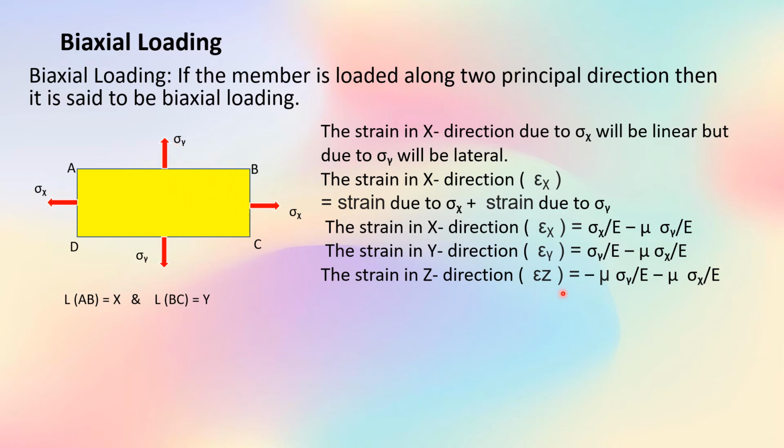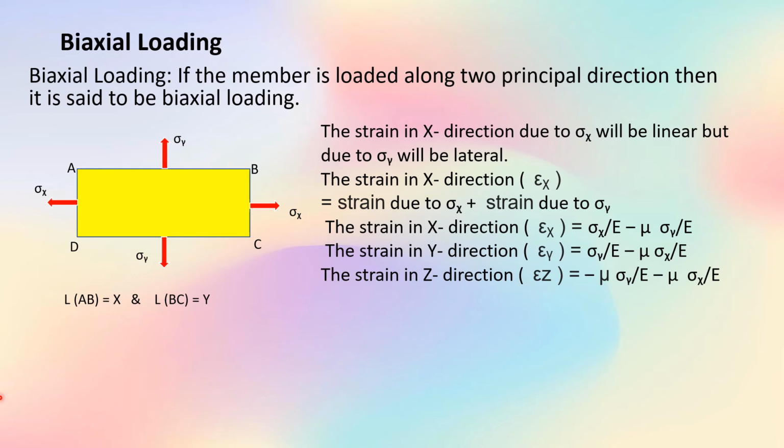Sigma z is 0, so there is no term sigma z upon E. So strain in z direction will be minus mu sigma y upon E minus mu sigma x upon E. This is how we calculate the strain in x, y and z direction.